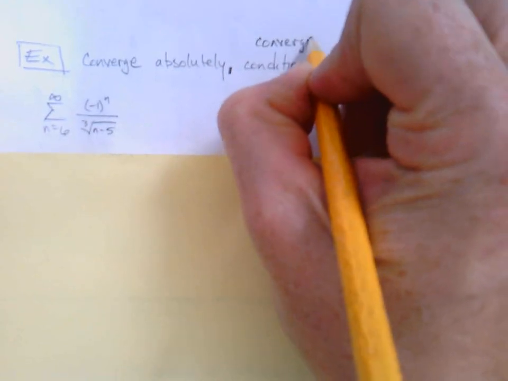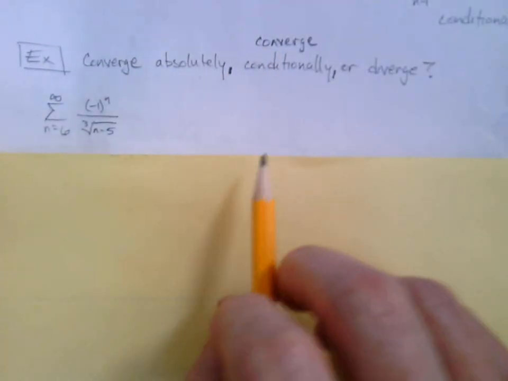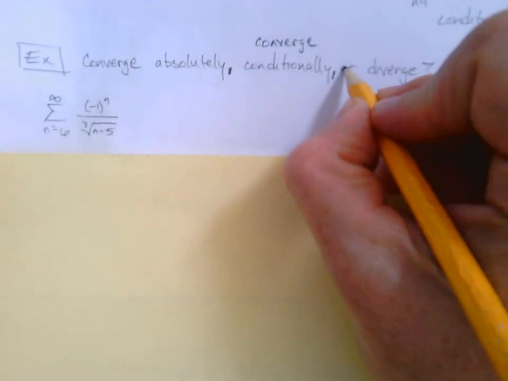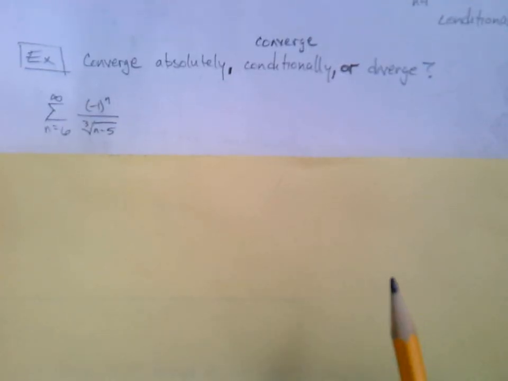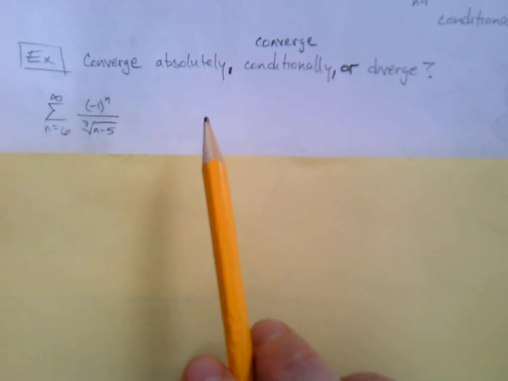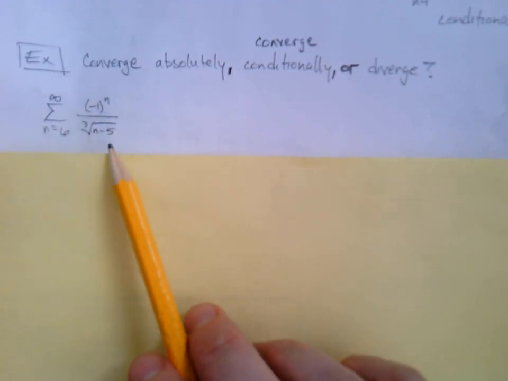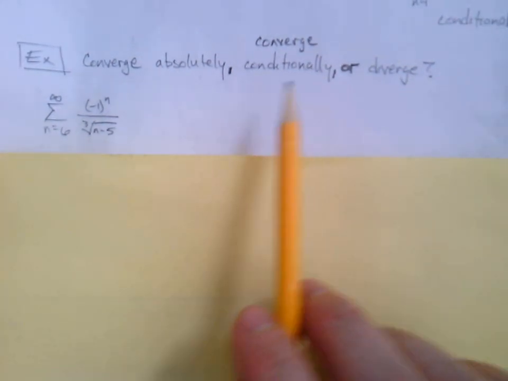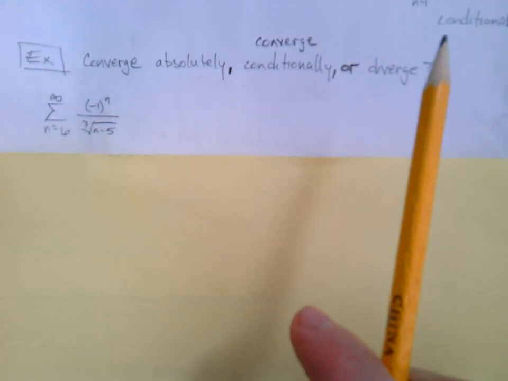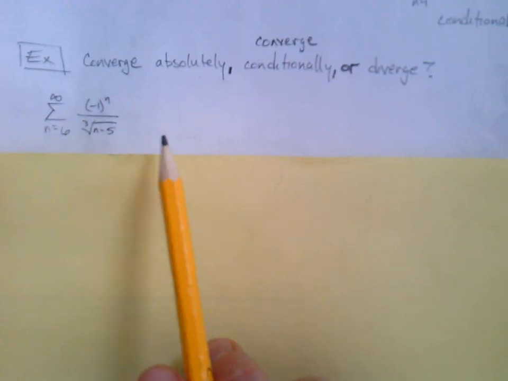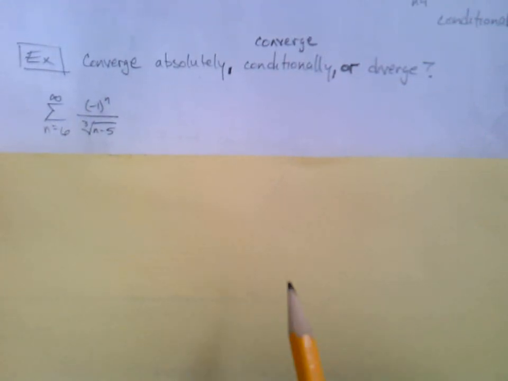Does it converge absolutely? Does it converge conditionally? Or does it simply diverge? Depending on how we approach it and how it works out, it might not be any more work than the original converge or diverge scenario, or it could be twice as much work. So we'll just see what happens in this one example.